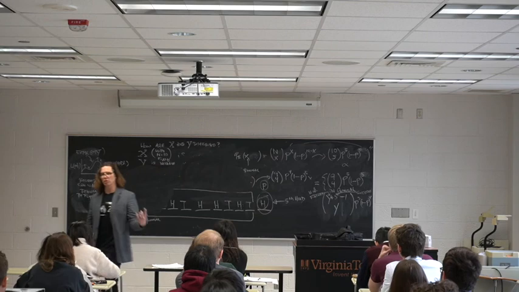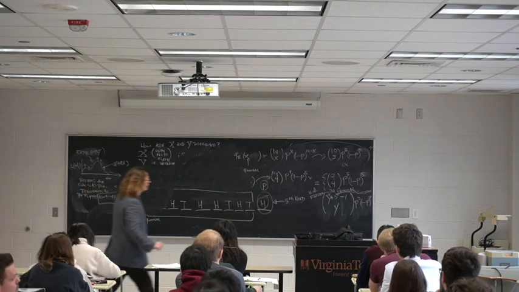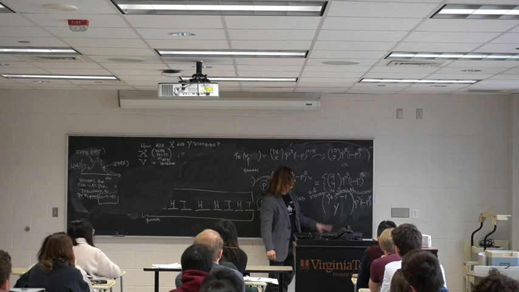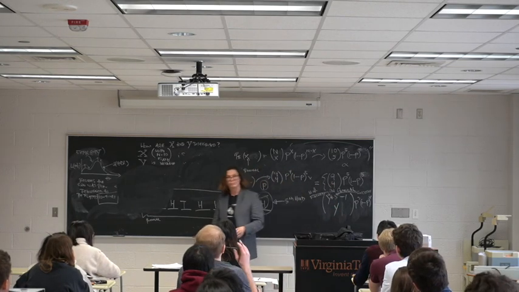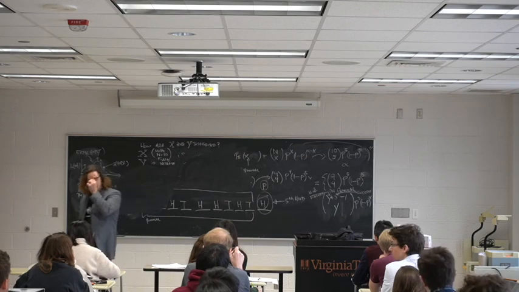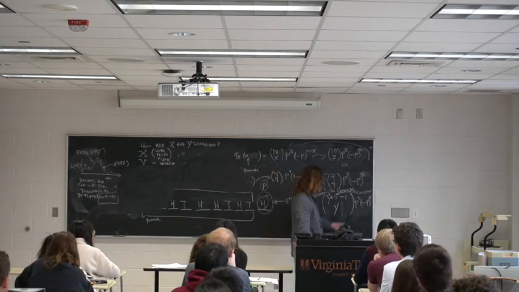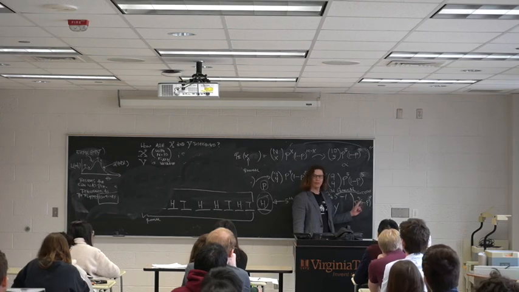So that's what that function looks like in general. And I'm going to let the number of failures be random. So if you plug in the number of successes and the number of failures into this, you get that. This is just the probability of seeing all those failures.